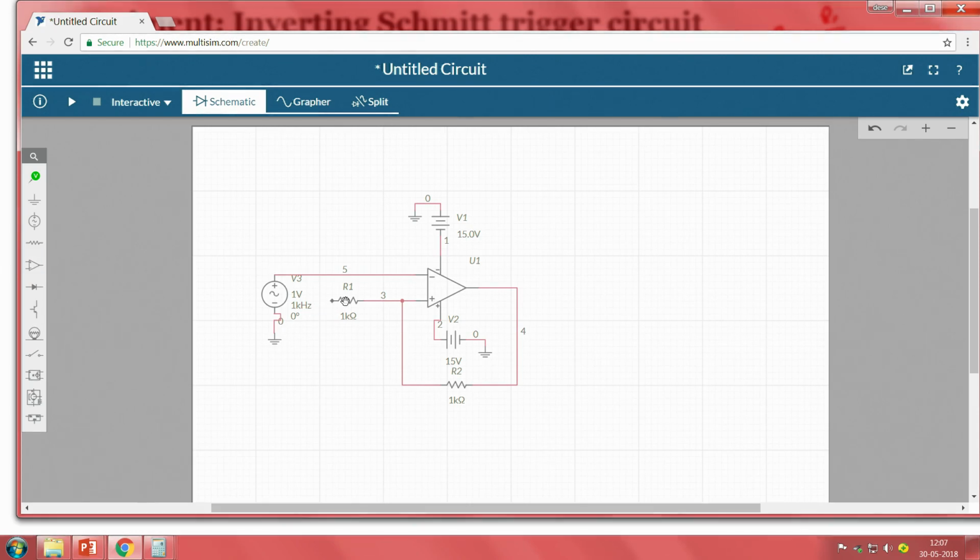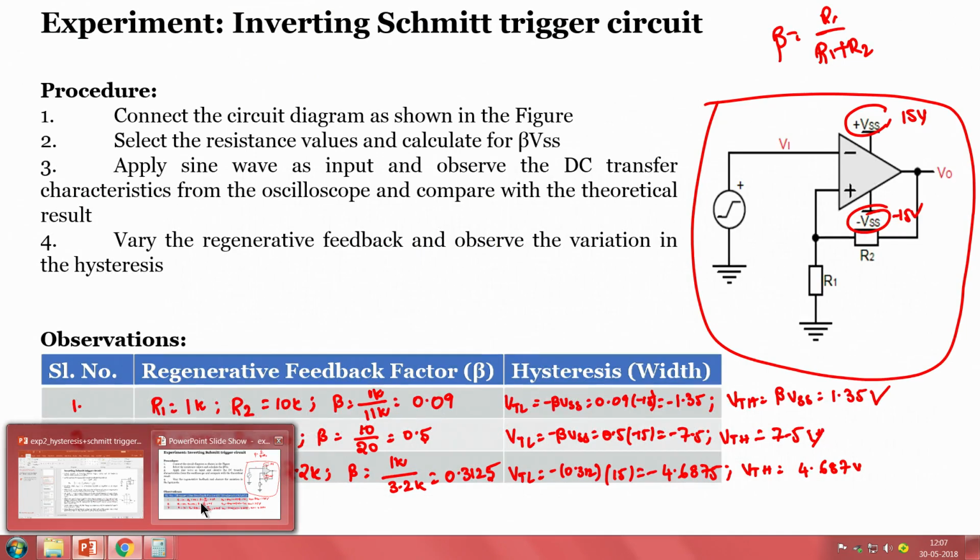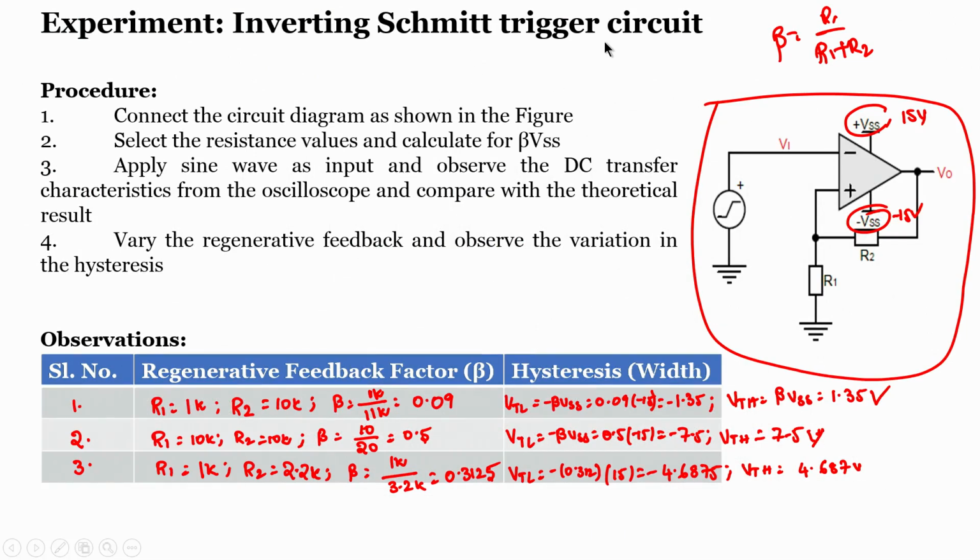Right. And what about this terminal, the other terminal of the resistor? It should be grounded, right. So, taking a ground and I am connecting. So, does it look similar to our circuit that we have seen in our slide?